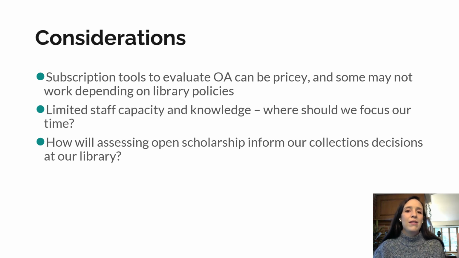There's also limited staff capacity and knowledge about open resources and how to assess those. And we also have to think about where we should focus our time. So do we need to invest in assessing these open resources, and why? And then how will assessing open scholarship inform our collections decisions at our library?